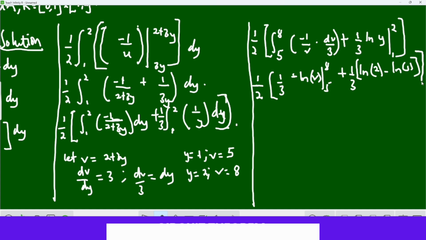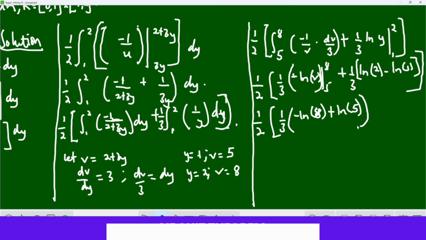Let me close this bracket so that the 1 over 2 affects the whole thing. So 1 over 2 multiplying 1 over 3, that's negative ln of 8, minus minus, so plus ln of 5. Close the bracket, plus 1 over 3, ln 1 is 0, so I just write my ln 2.